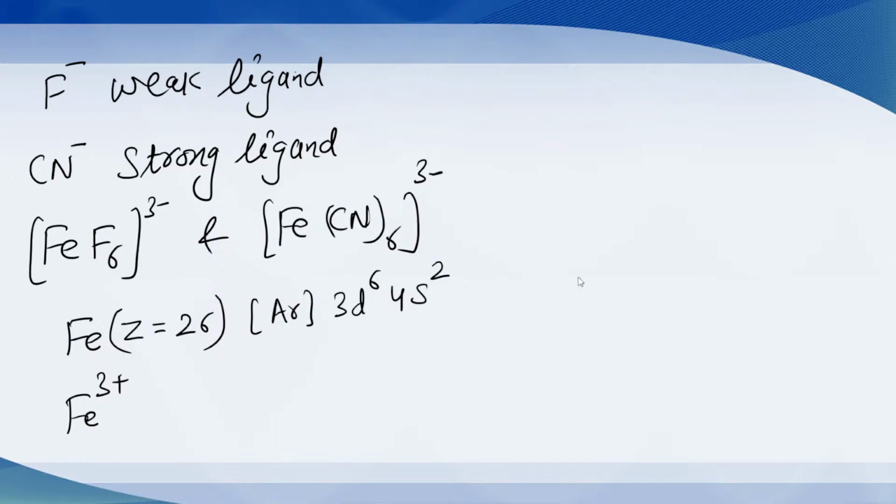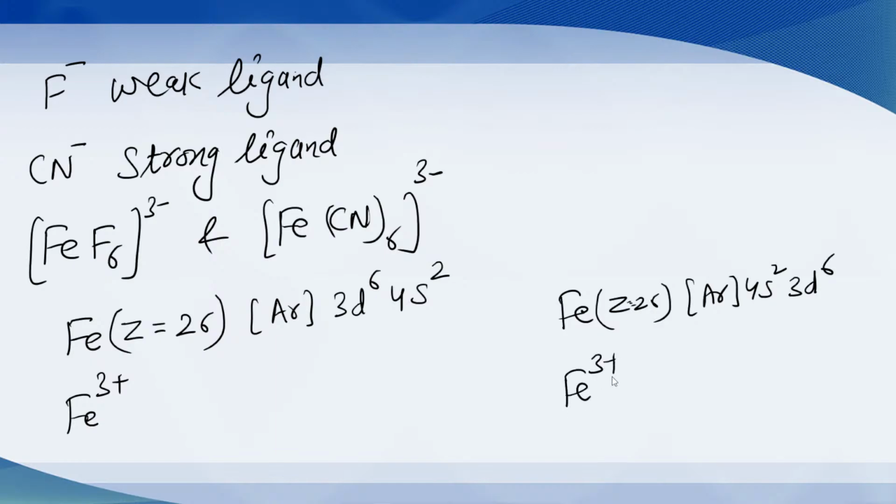Keep in mind, whenever we write the electronic configuration, we write it like this: 4s2 3d6. And when we form Fe3 plus, most of the students are making the mistake that they remove the electrons from 3d, while 4s remains intact.